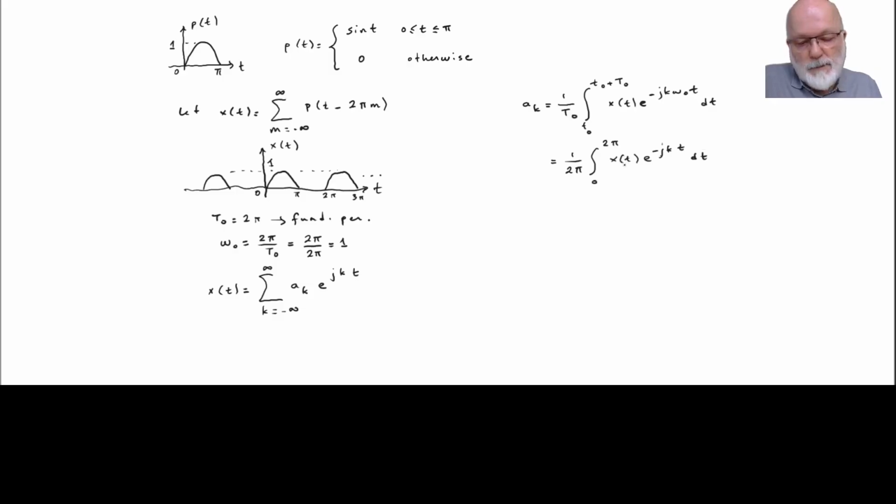Now we know that x of t is only non-zero from 0 to pi. Therefore, this will be 1 over 2 pi, the integral from 0 to pi of sine t e to the minus j k t integrated with respect to t.